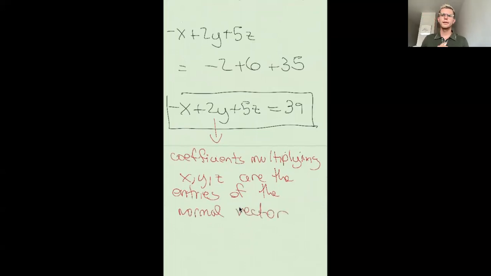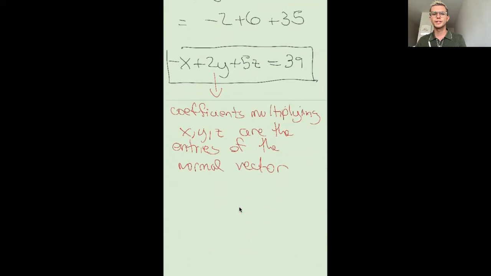Is that okay? On Monday I'll do an example where we intersect two planes and get a line. That's actually even easier than intersecting two lines in a way. So we'll see how that gets done.